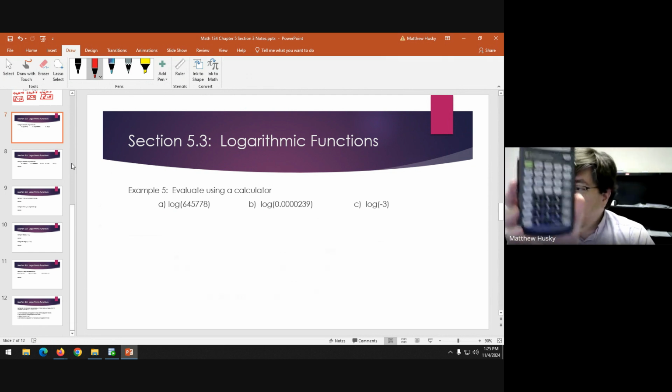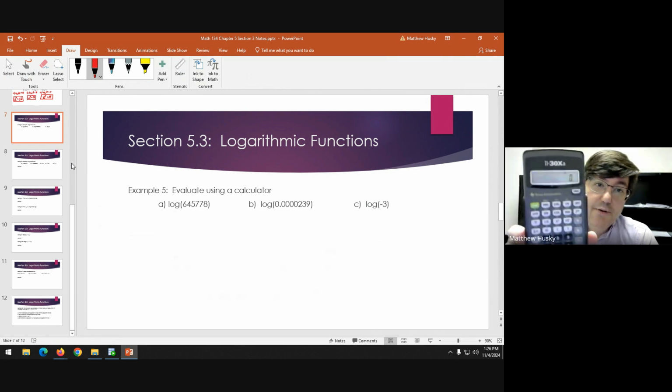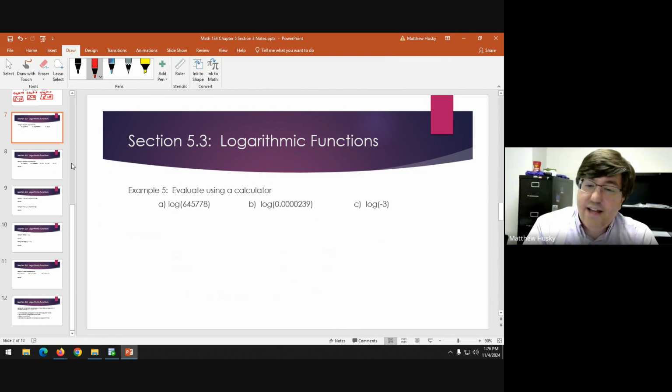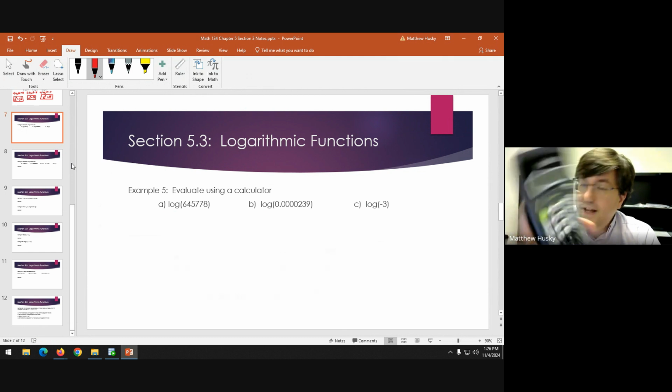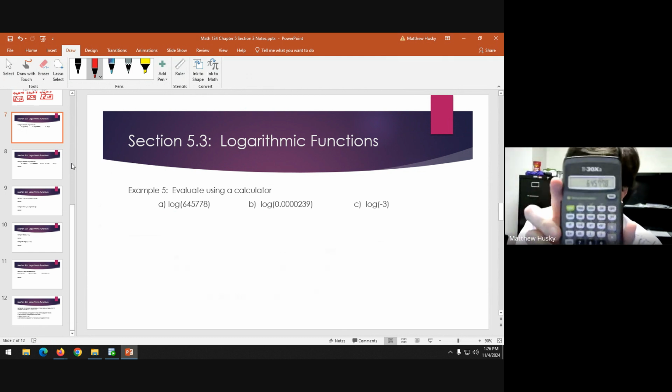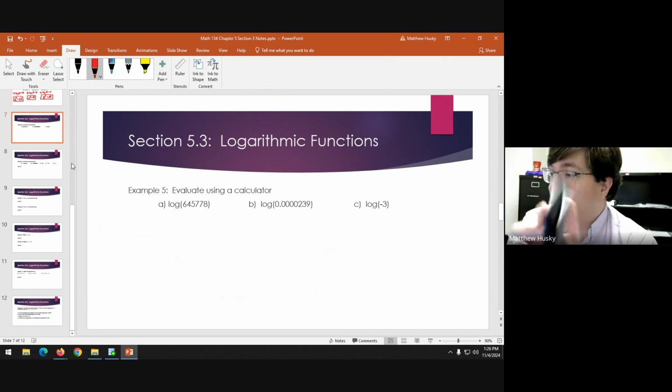This one that I have here in my hand actually works that way. If I wanted to work out the log of 645,778, I would have to type in 645,778, and then up at the top of this one is the log button. If I push the log button, it'll evaluate the log for me.